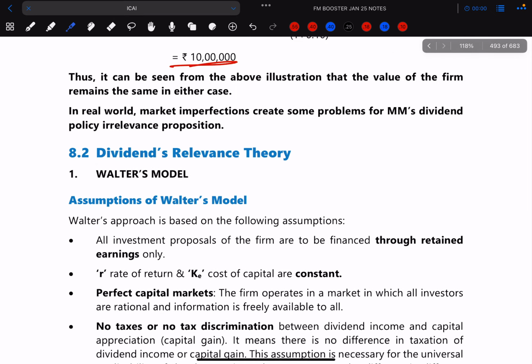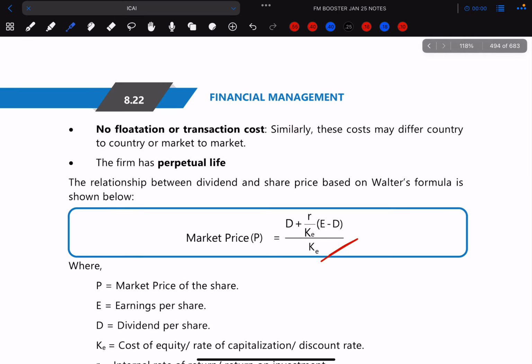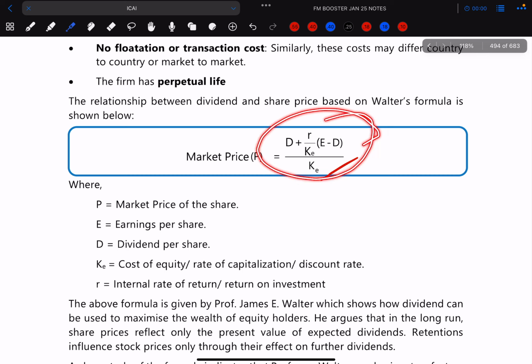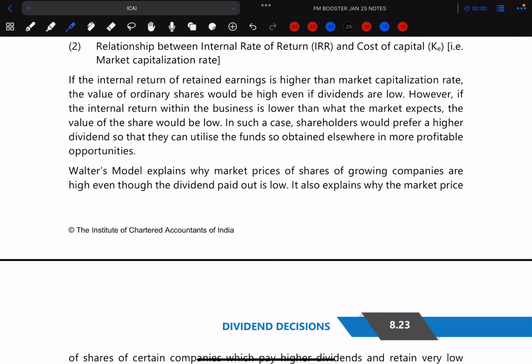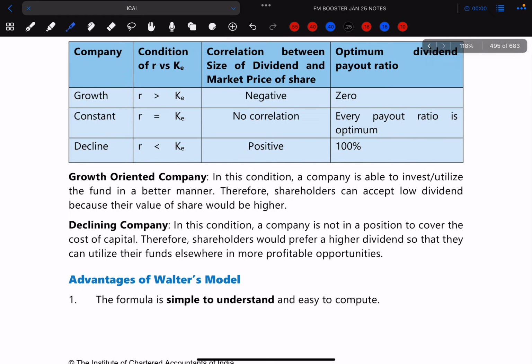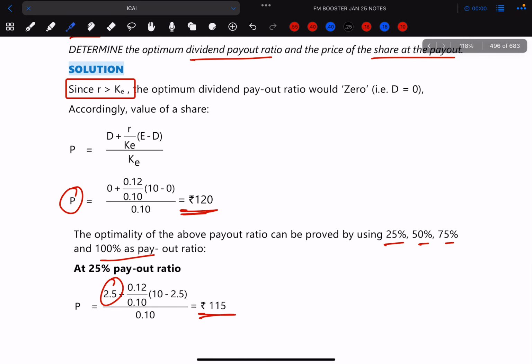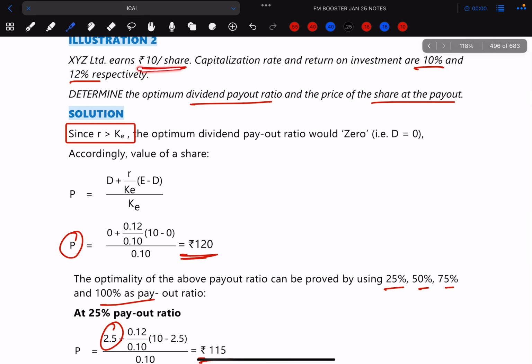Then we are studying the Walter model. This one we have studied: D plus R by KE, minus D divided by K. This one also you have studied. So since they are earning 10 per share, capitalization is KE.